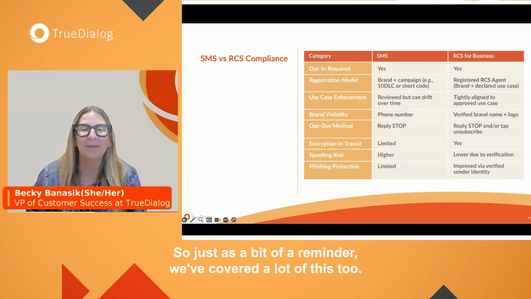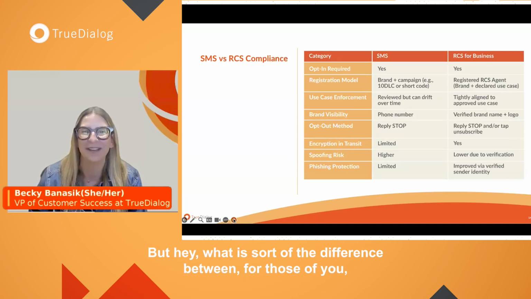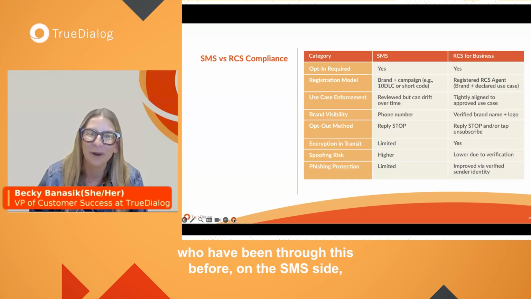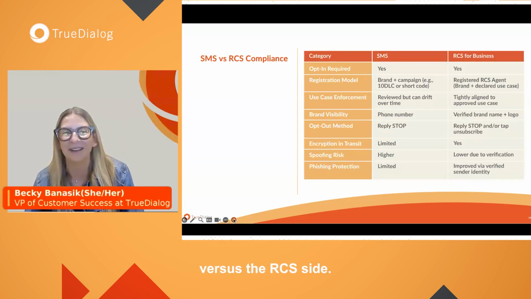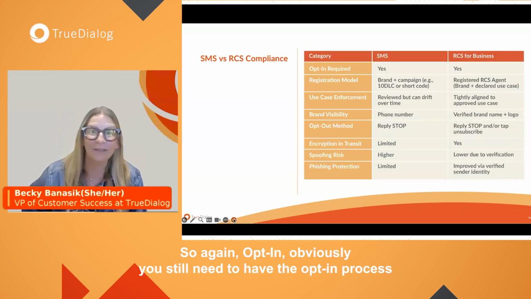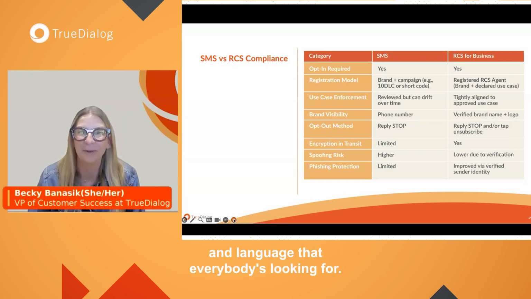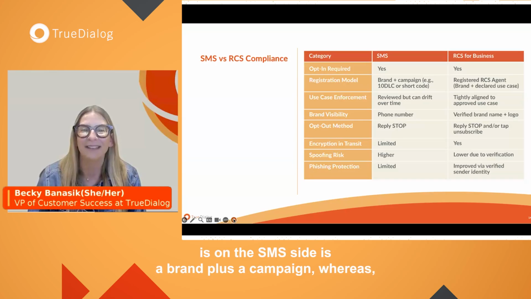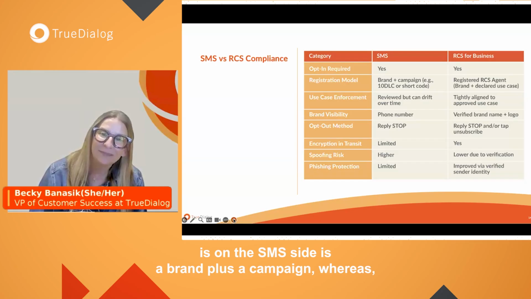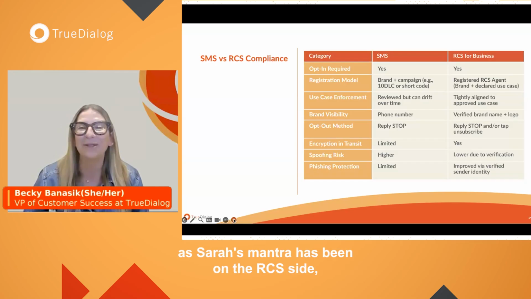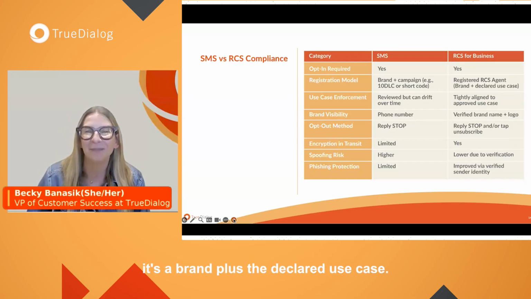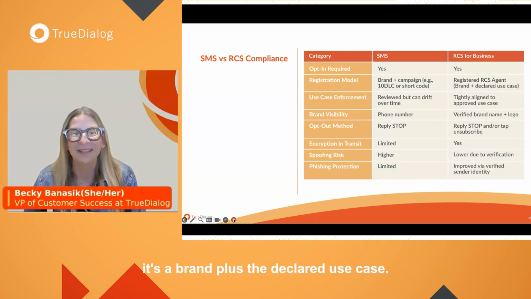So just as a bit of a reminder, we've covered a lot of this too. What is the difference for those of you who have been through this before on the SMS side versus the RCS side? So again, opt-in. Obviously, you still need to have the opt-in process and language that everybody's looking for. The registration model on the SMS side is a brand plus a campaign, whereas, as Sarah's mantra has been, on the RCS side it's a brand plus the declared use case.